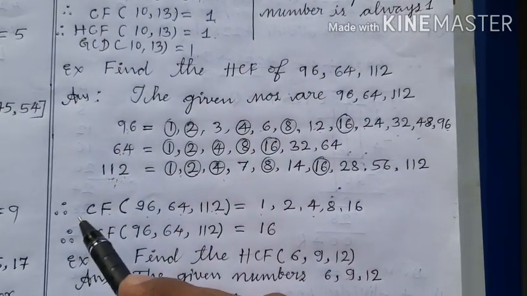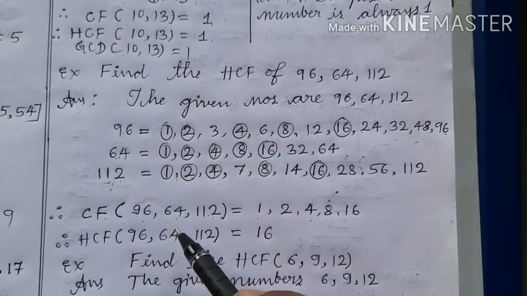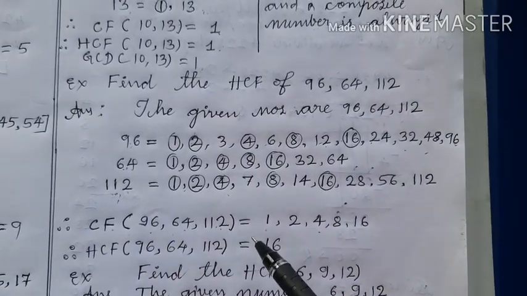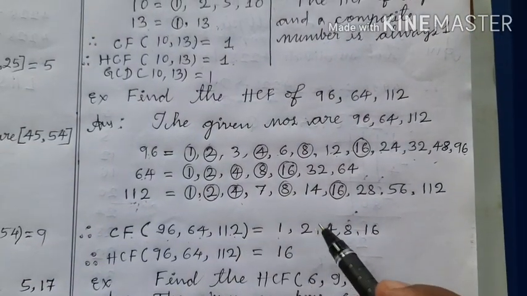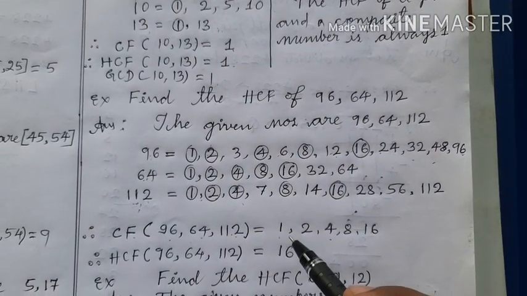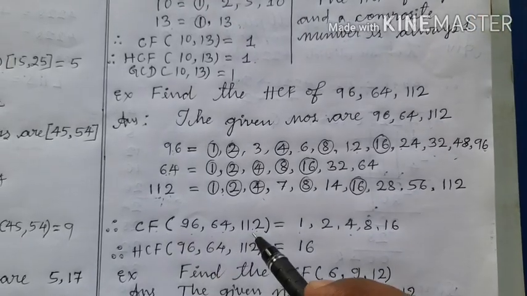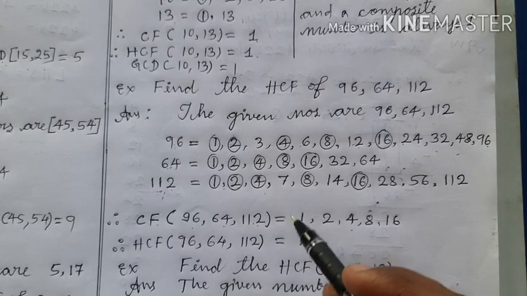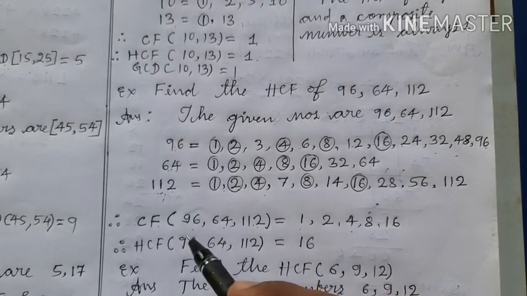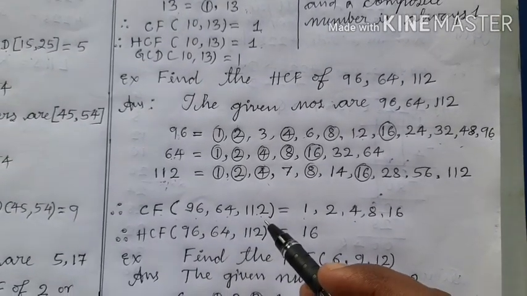So children, common factors of 96, 64 and 112 are 1, 2, 4, 8, 16. It means these numbers will divide all the three numbers leaving the remainder 0. That is why these are the common factors of 96, 64 and 112.